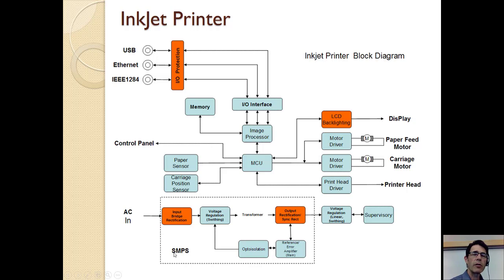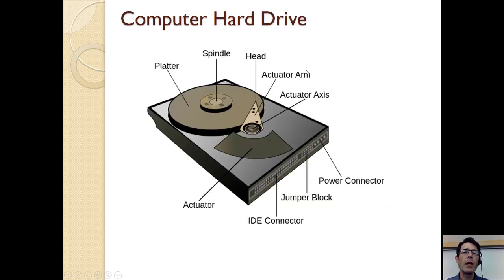It's an acronym for switched mode power supply. That's generally a type of power supply that's very efficient. Okay, so there's an inkjet printer: mechanical parts, electronic control, a programmable controller of some sort driving the whole thing, and sensors as well.